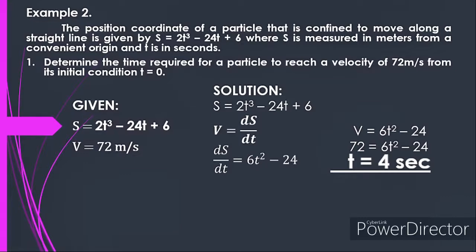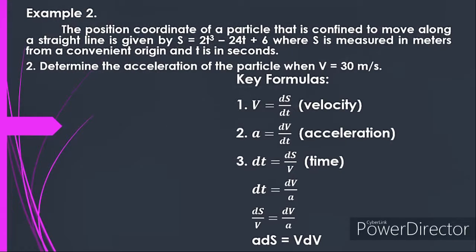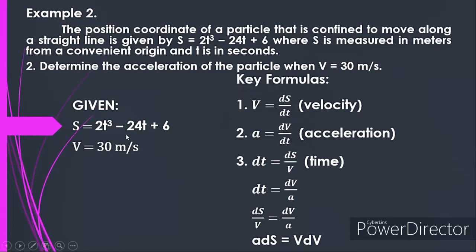Alright? For question number 2, determine the acceleration of the particle when v is 30 meters per second. So same, given distance formula is equals to 2t cubed minus 24t plus 6. Then velocity final na 30 meters per second.